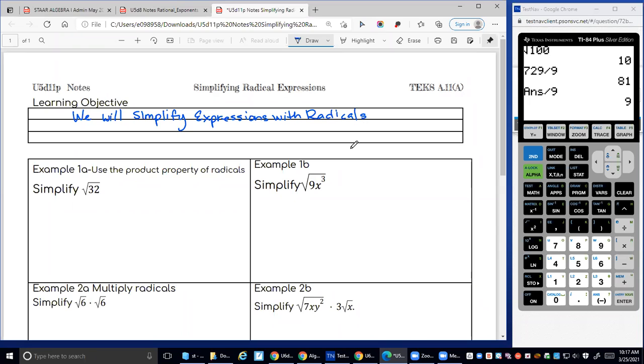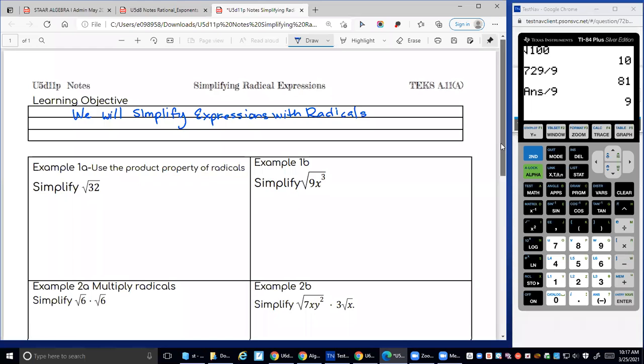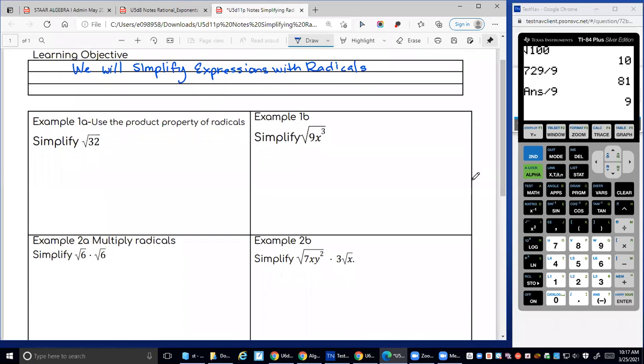Okay. So let's go ahead. Let's look at this first one.